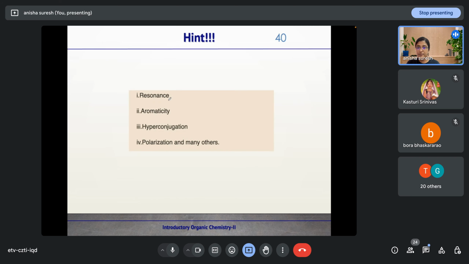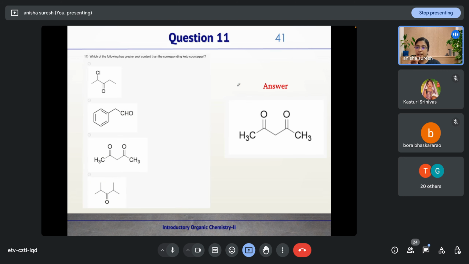So the factors that we have to consider are resonance, aromaticity, hyperconjugation, polarization, hydrogen bonding, etc. Any doubts? So the right option will be option C.